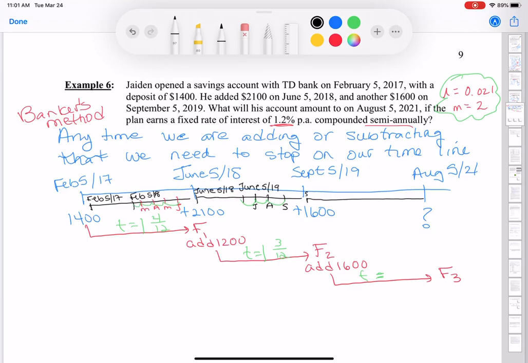So if we go September 5th, 19, September 5th, 20, and then September 5th, 21, we can actually work backwards this time, and we can count that it's 1 month less. So we can say that our time here is actually 1 full year and 11 months.